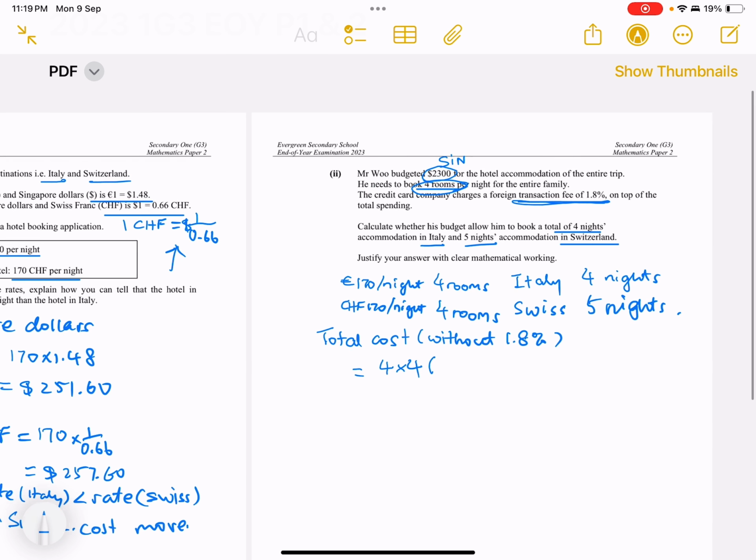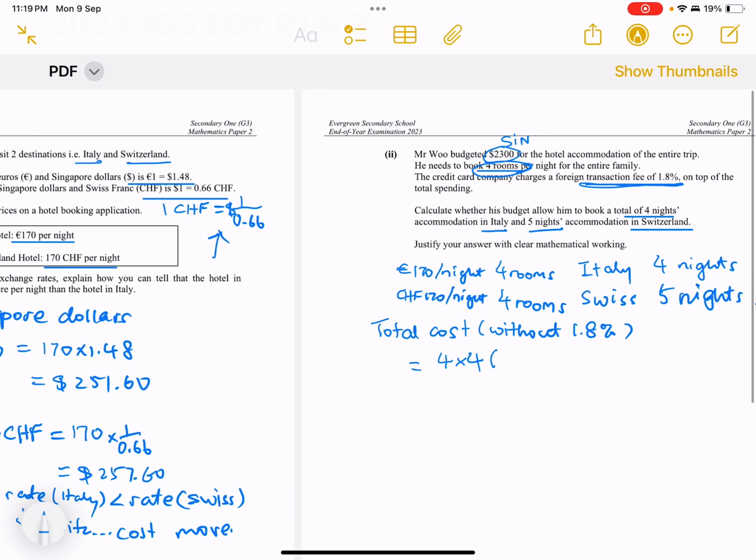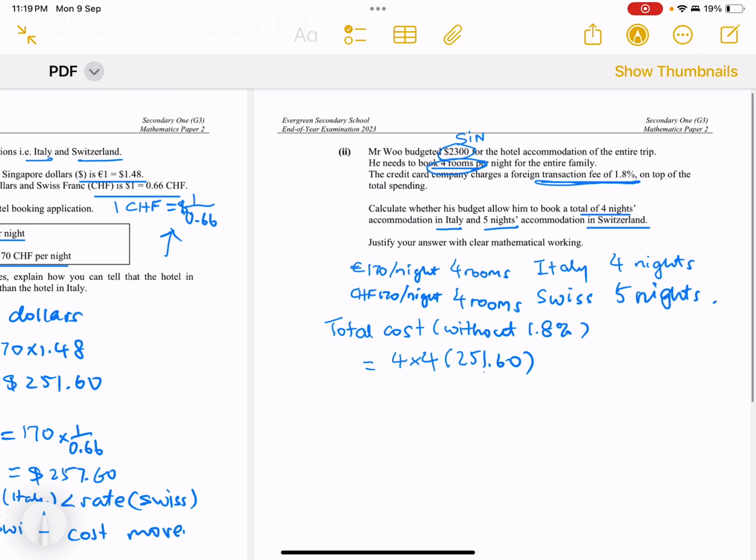But what we are interested in is Singapore dollars. So we have to use Singapore dollars for comparison, right? So it is the amount that we calculated earlier on. The 170 euros is this amount in Singapore dollars, right?